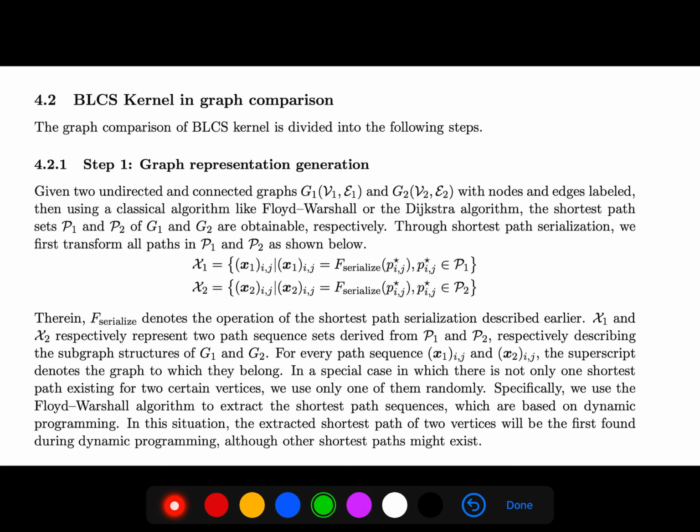So the graph comparison of the LCS kernel is just two steps. First, graph representation generation, given two undirected connected graphs. The shortest path sets P1 and P2. Through shortest path serialization, we first transform all paths like this. We serialize it.